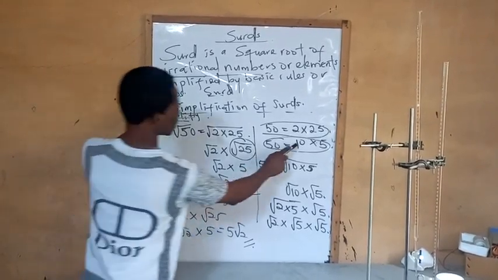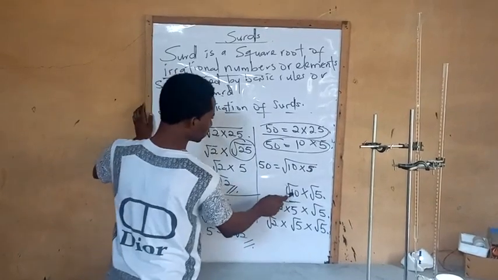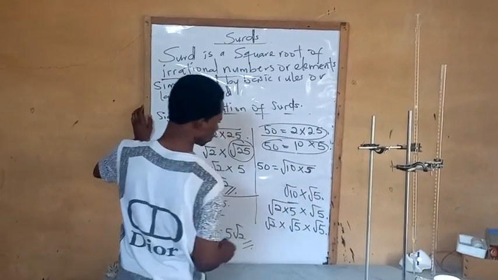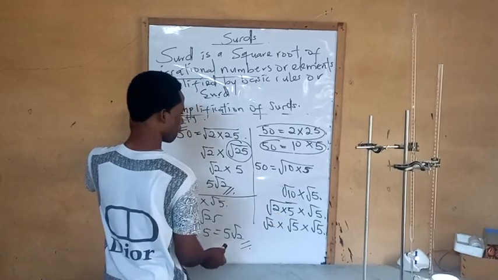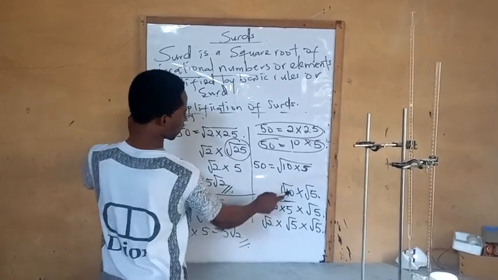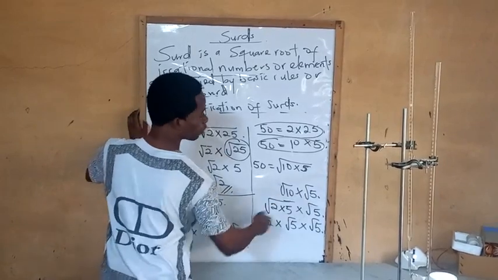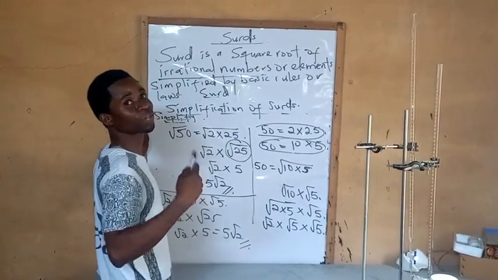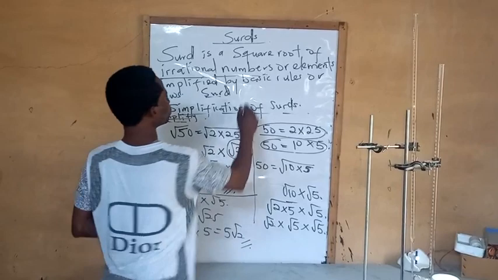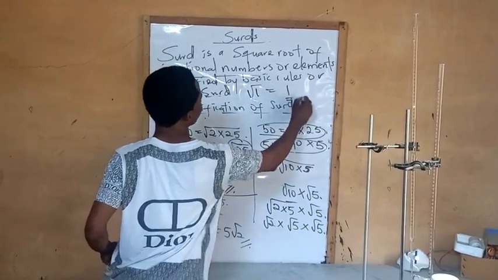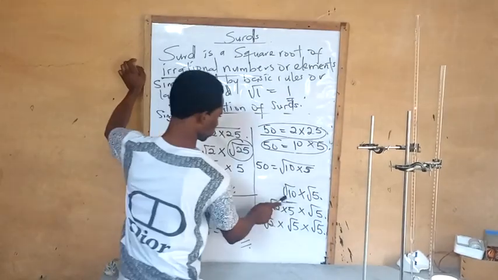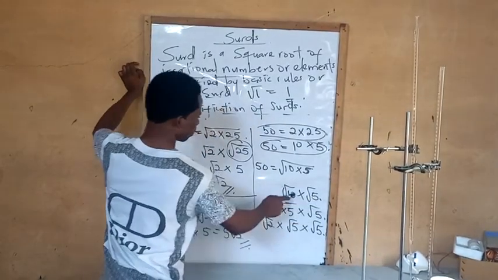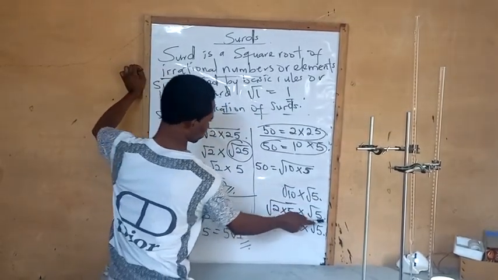But when I use 10 times 5, that's root 10 times root 5. Like I told you, this 10 you have to break down, because 10 can still be broken down. 5 cannot be broken down, except if you want to say 5 times 1, and mind you, root 1 is still 1. But this one can be broken down: 2 times 5, times root 5.